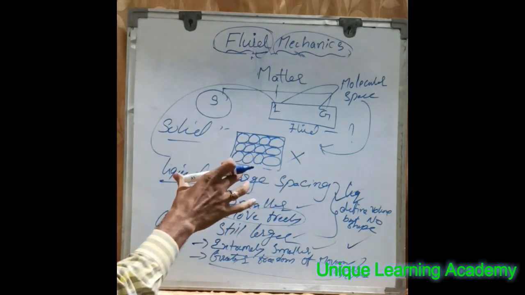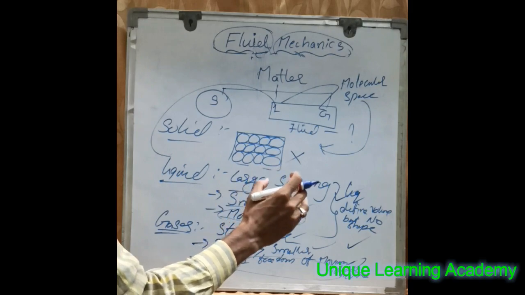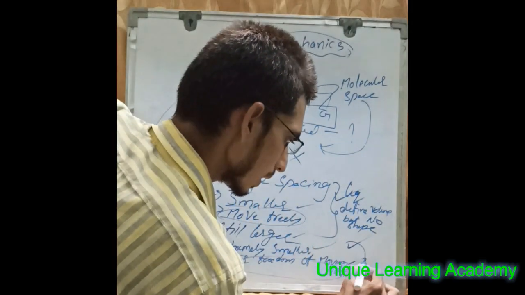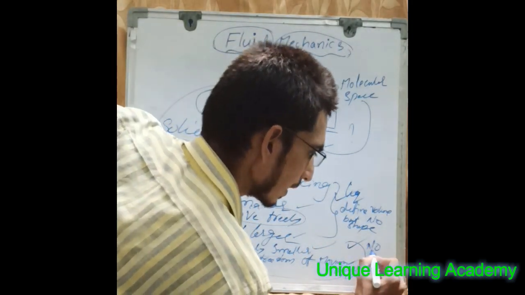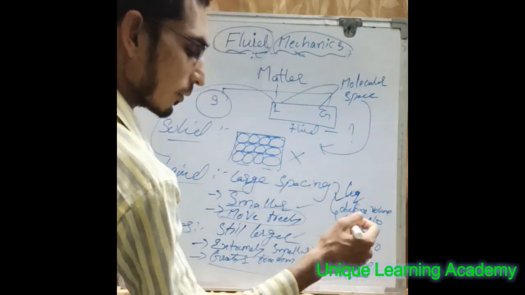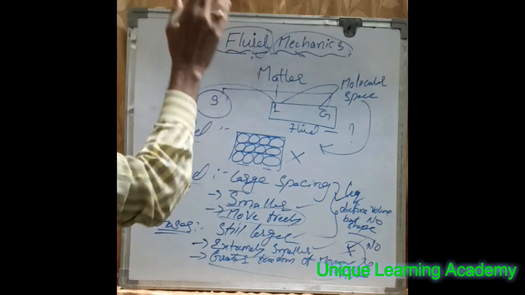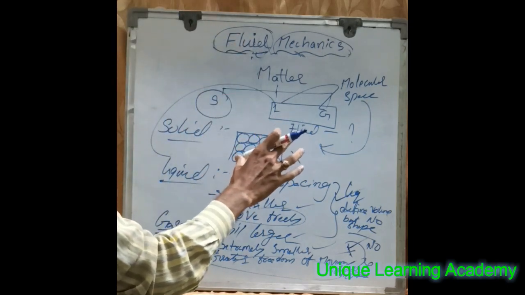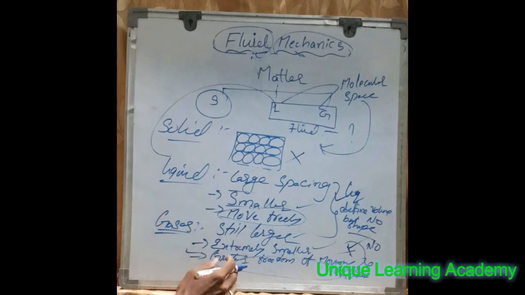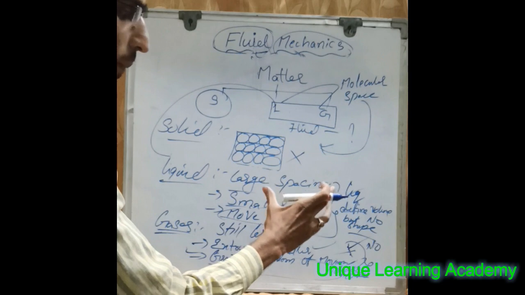And when coming to gases, we have no definite volume and no definite shape. The examples here: for gases we consider perfume, and for a liquid the shape of a container.